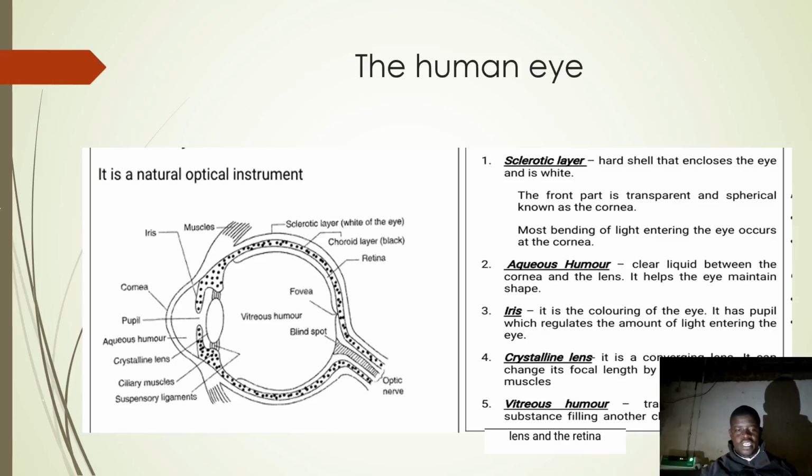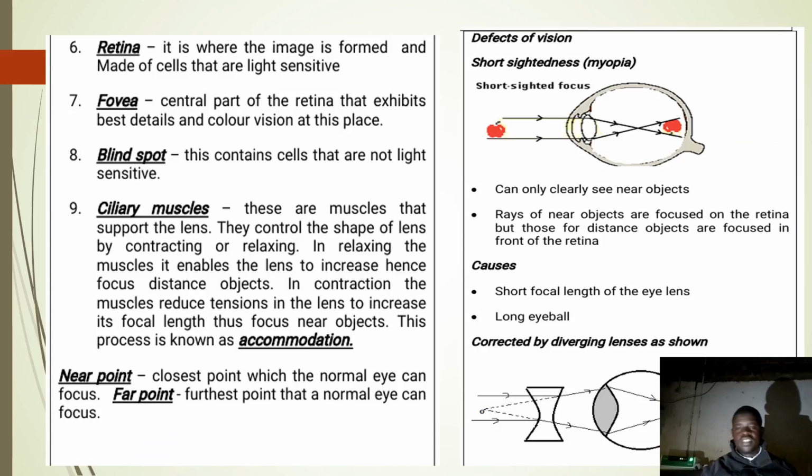The vitreous humor is just a transparent liquid matrix between the lens and the retina. So that's where it also fills the eye, and so that goes without saying, it maintains the shape of the eye. Then we have the retina. So let's look at where the retina is.